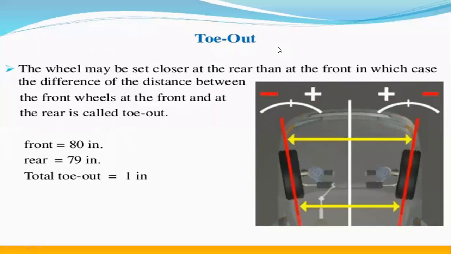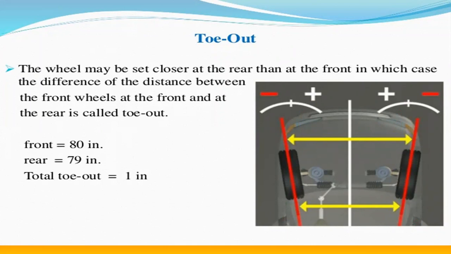Next one. What is toe out? The wheels may be set closer at the rear than at the front, in which case the difference of the distance between the front of the wheels and the rear of the wheels is called toe out.